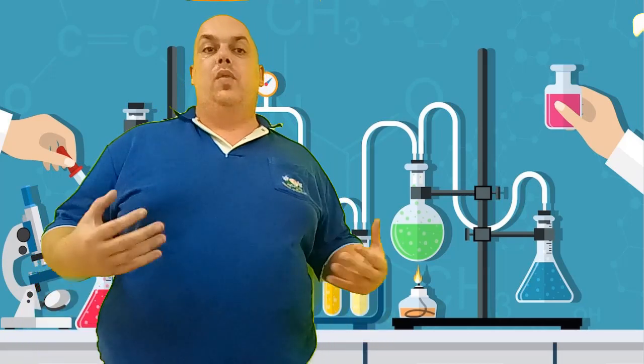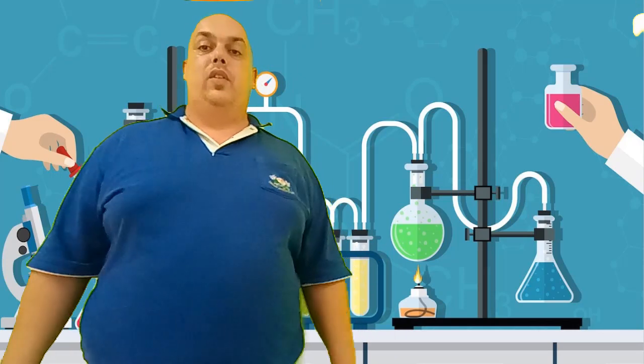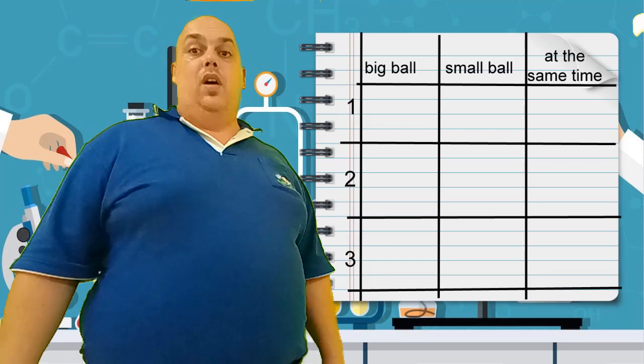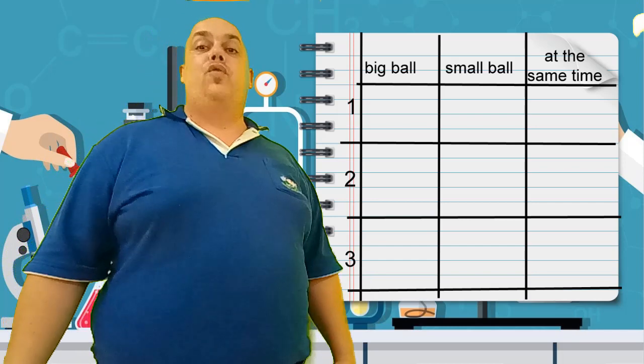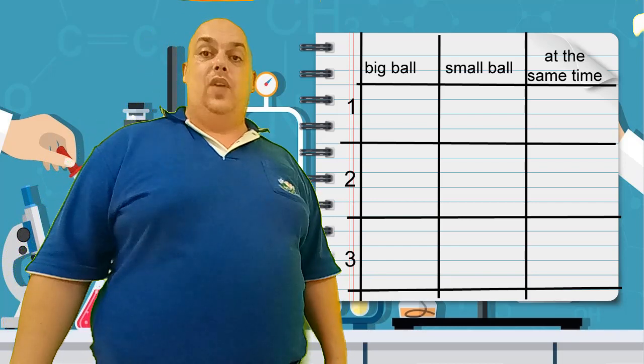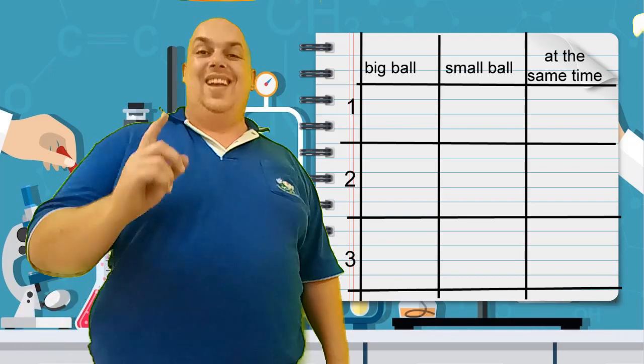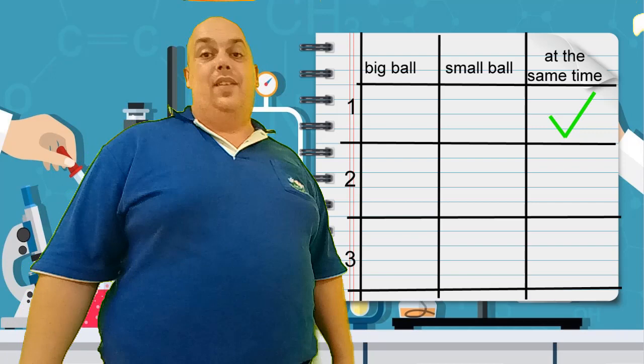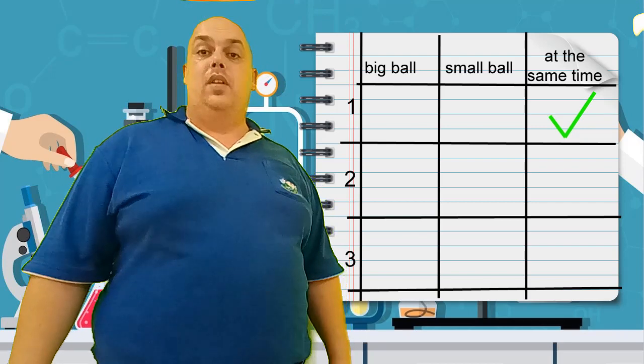Okay, and step number 4 is record the experiment results. Yes, so we're going to record the experimental results. So, first time we had the big ball and the small ball, we dropped them and they both hit the ground at the same time. Yes, so the first result is at the same time.